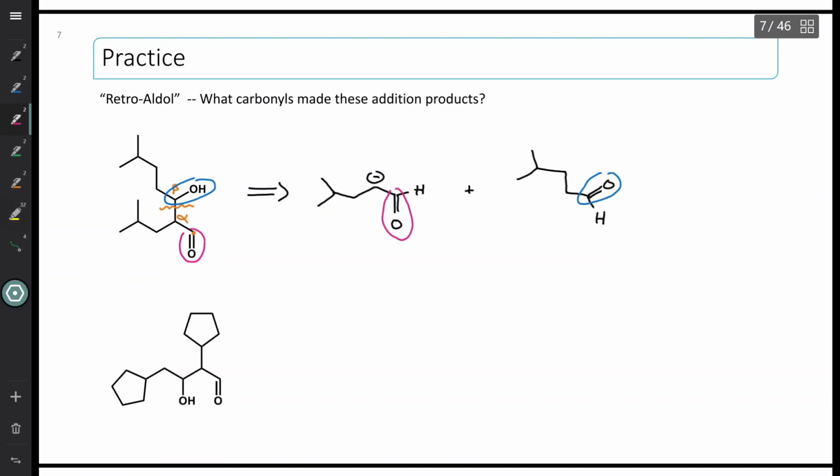Okay, let's do it again for this structure. We start at the base of the carbonyl. This is alpha, this is beta. So we split down the middle between the two.